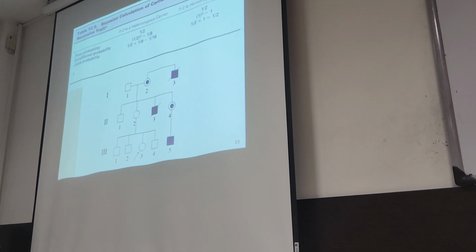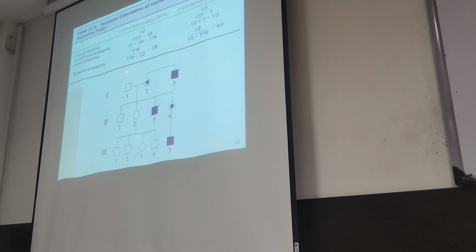And exact probability. What was exact probability? Joint probability for each event divided by joint probability for all events. Okay? For all events. Joint probability for this event is 1 out of 16. For this one is 1 out of 2.